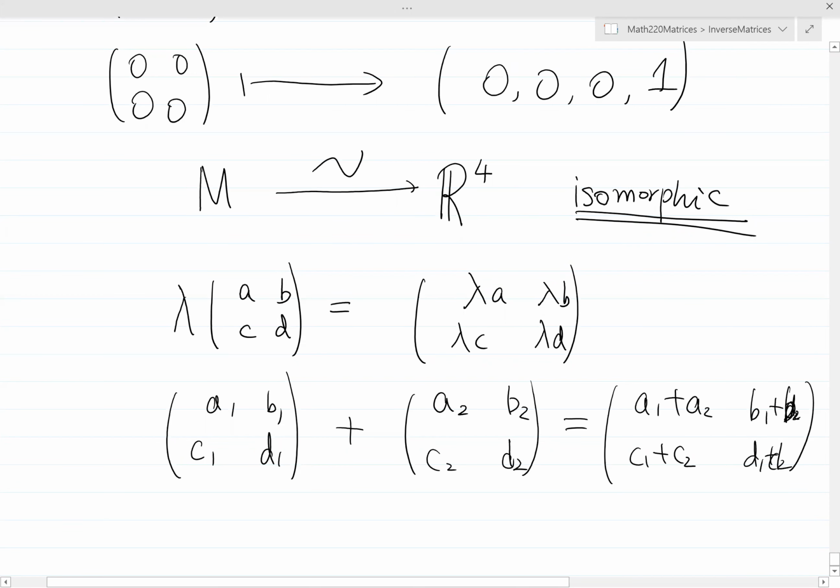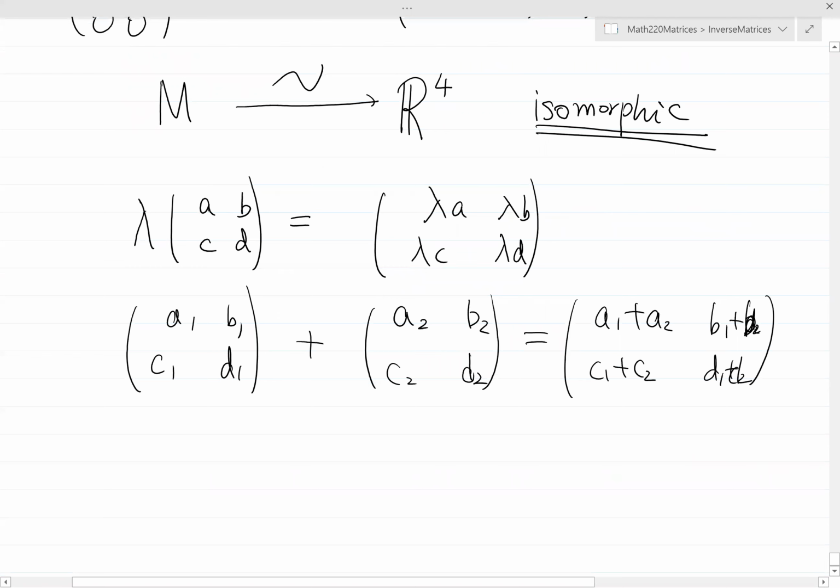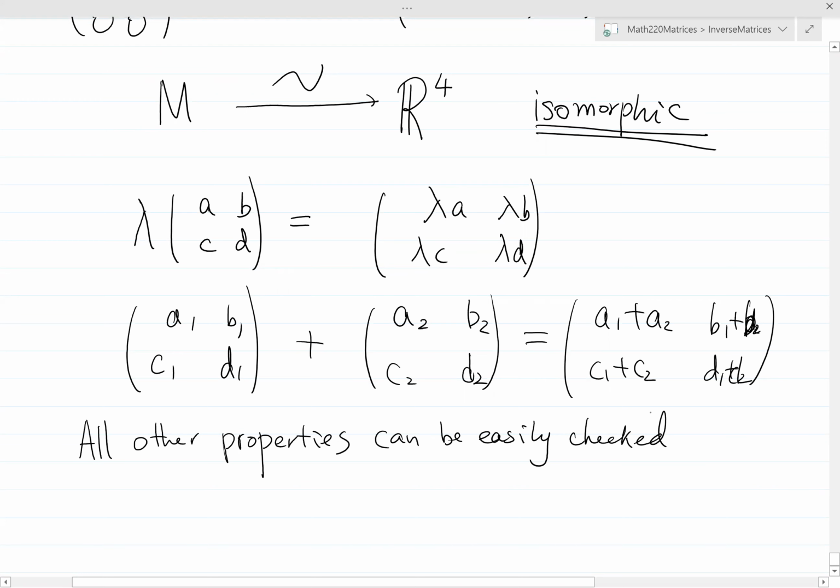All other properties can be easily checked. So this actually shows that the set of 2 by 2 matrices is a vector space that looks like R4.